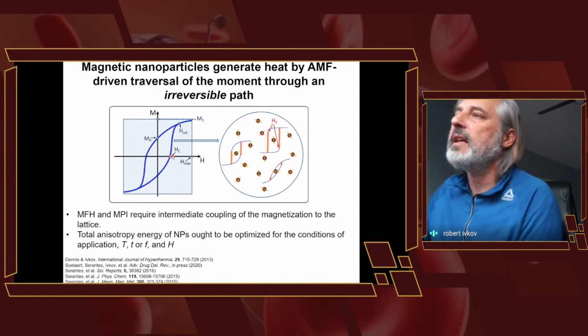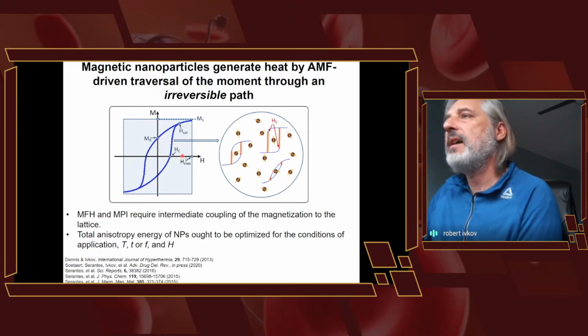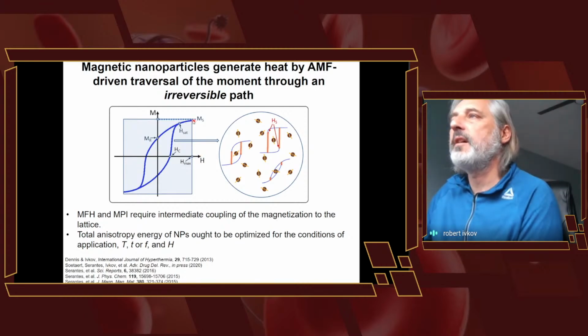So if I take a magnetic material and expose it to a magnetic field, then I can measure a magnetization in the material. In other words, the material becomes magnetized. And as the strength of the external field increases, so does the magnetization of my material.